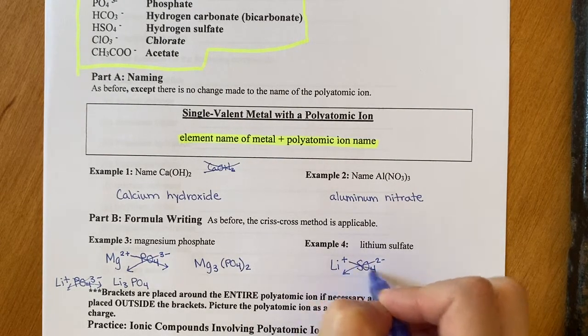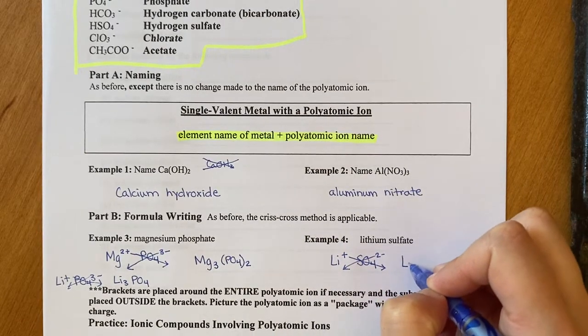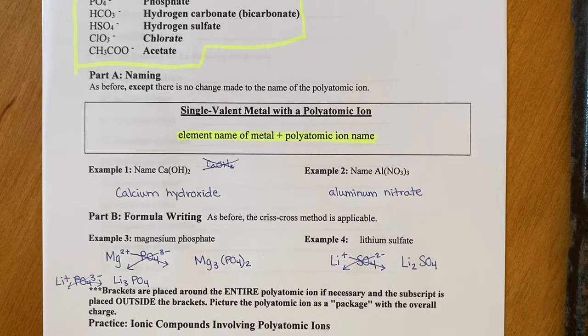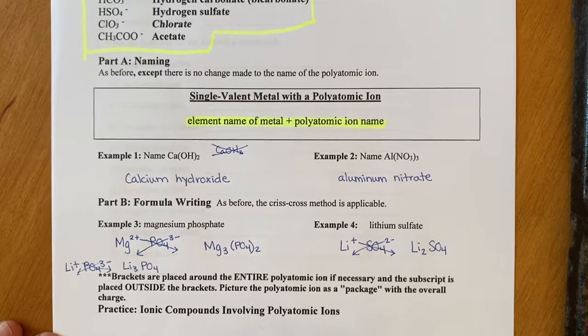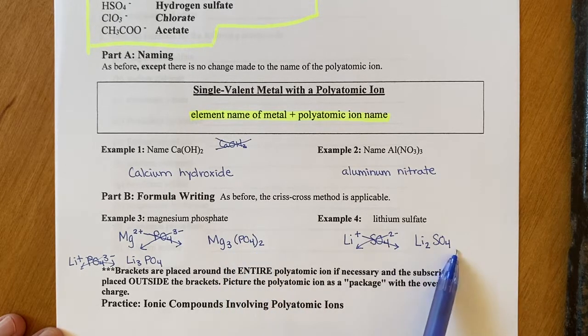We crisscross, lose the symbols, keep the numbers. So Li2SO4. Remember the number, if it's a subscript, has to go outside the brackets, and we write the brackets only if that's a number other than 1. If it's a 1, we just leave it the way it is.